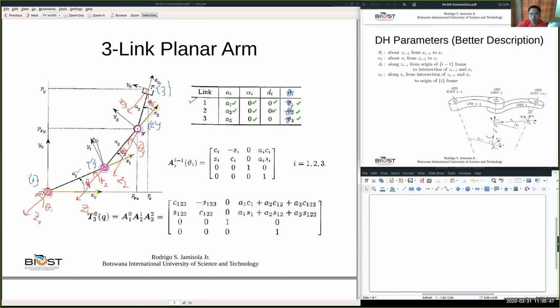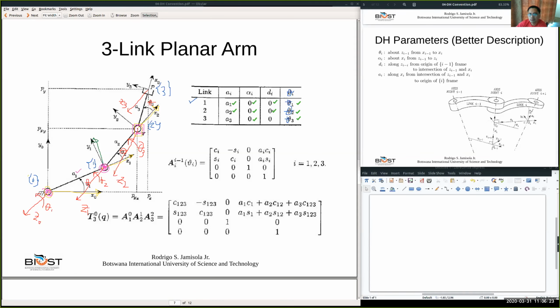Maybe we'll put it square so that this time we can differentiate it. So from the origin of frame 2 to the intersection of Z2 and X3. So where is Z2? Z2 and X3 is this. Their intersection is also the same. So let's make it a different color.